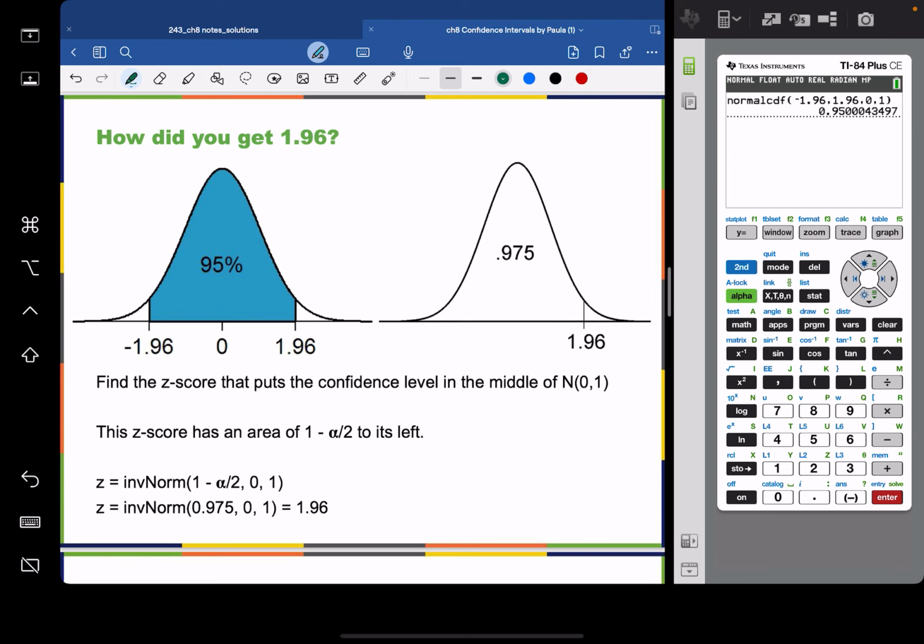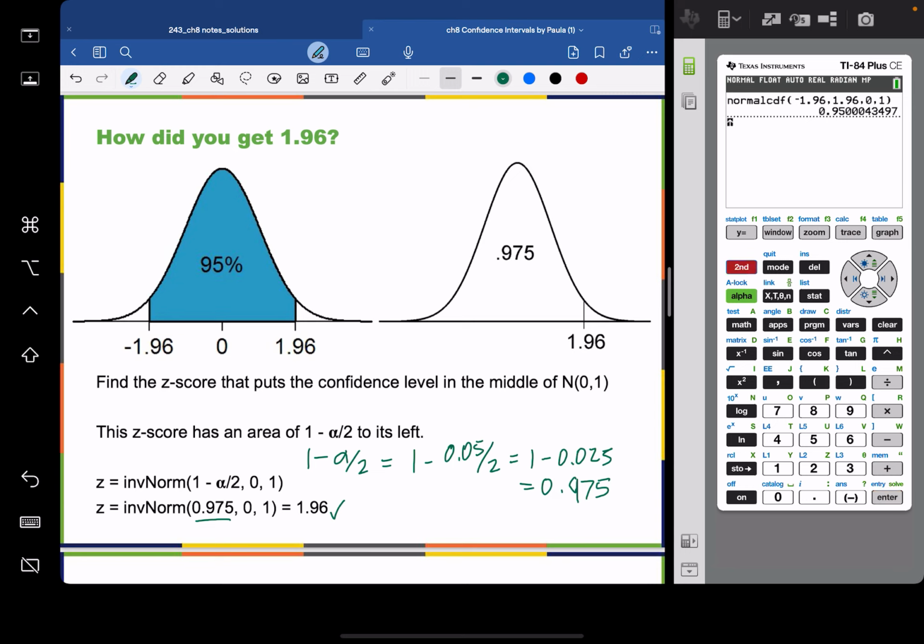So the z-score has an area of 1 minus alpha over 2. So that's 1 minus 0.05 over 2. So that's 1 minus 0.025, which is 0.975. If we do inverse normal, 0.975, we will get 1.96.